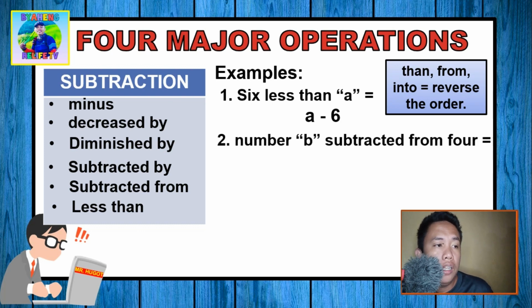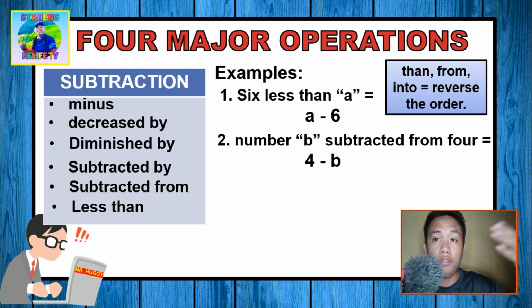Yan na. Number b subtracted by 4. Subtracted from 4 rather. So pag sinulat mo siya, may siyang 4 minus b. Hindi siya b minus 4 ha. May siyang 4 minus b kasi the word is subtracted from 4. Sabihin, pag subtracted by kasi guys, kayo yung nag-subtract ng number.